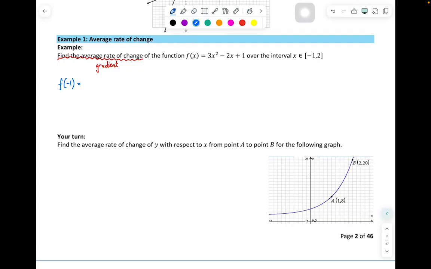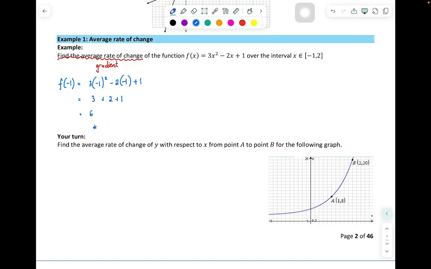We're going to substitute in x equals -1 first to find out our y value, and run this calculation so you can evaluate what our y value is. So there you go, there's our first coordinates.